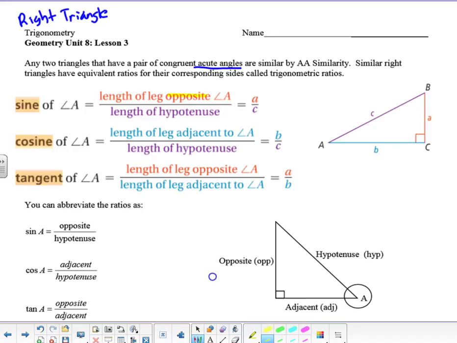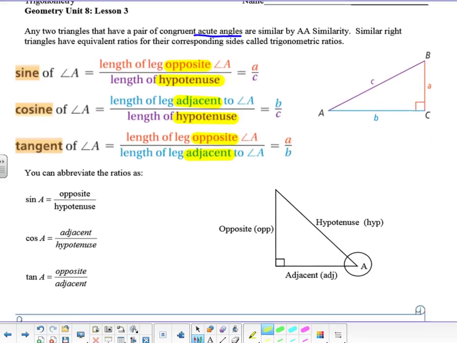Sine is the opposite over the hypotenuse. The cosine of angle A is the length of the leg adjacent to angle A over the length of the hypotenuse, which is B over C in this triangle. And the tangent of angle A is the leg opposite over the leg adjacent to angle A.